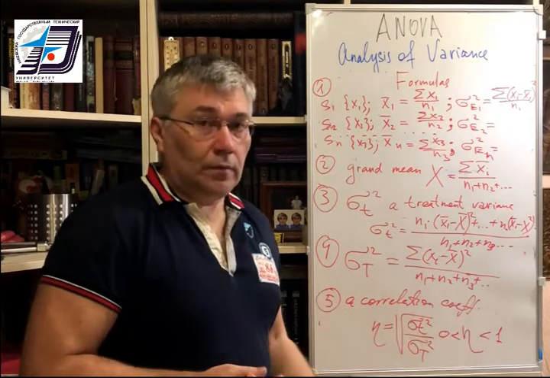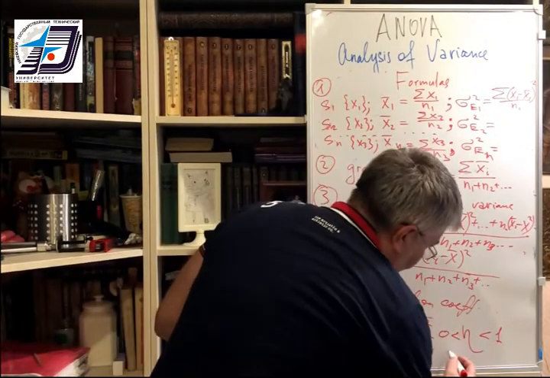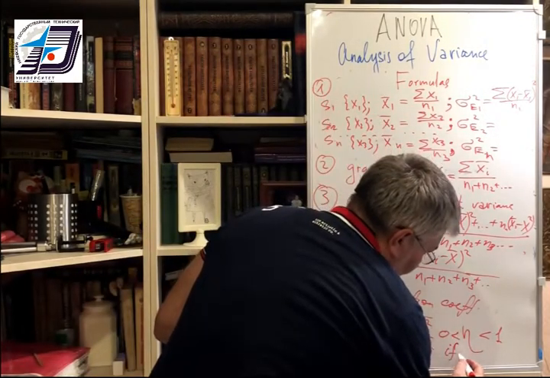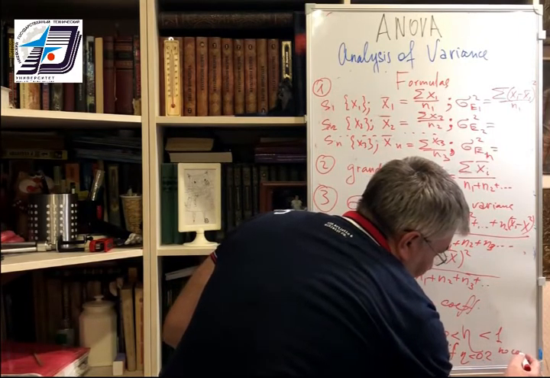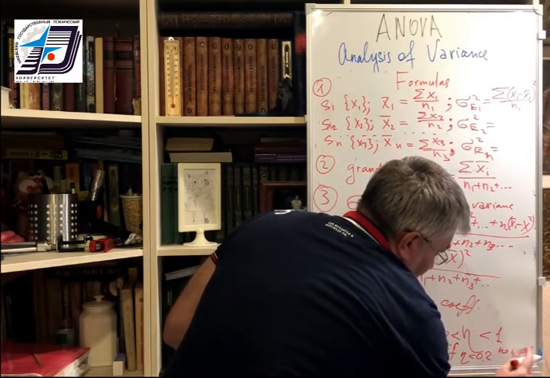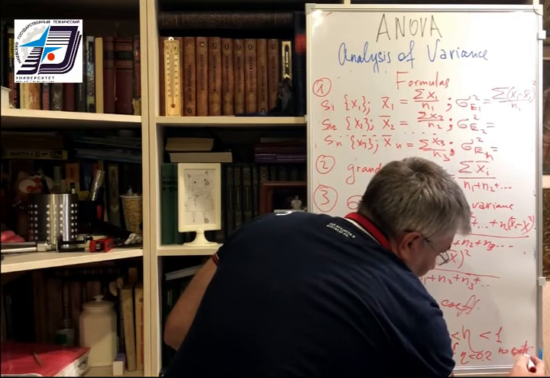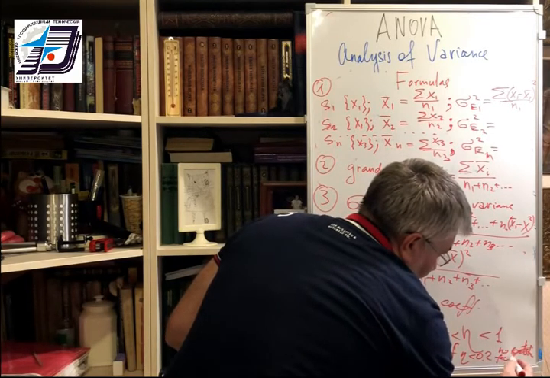If eta is less than 0.2, no correlation, no outstanding factors.